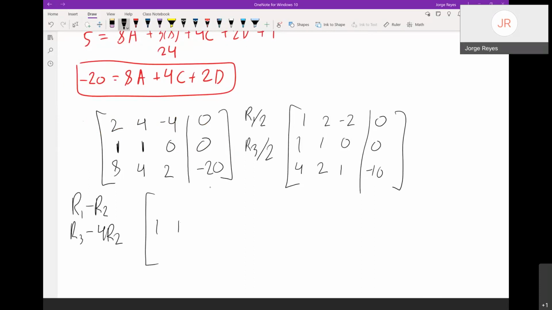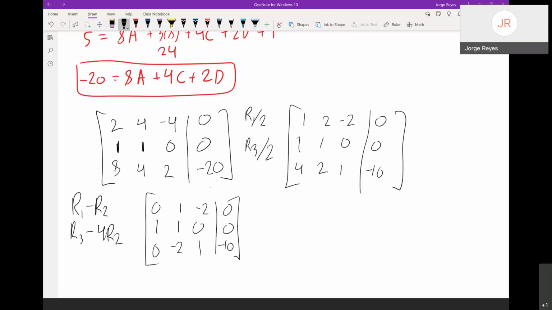So 1, 1, 0, 0. So I'm subtracting, so we get 0, 1, negative 2, 0, and then 0 because that's the point. But then I did a negative 4, so this is going to be negative 2. That's 1. And then this is negative 10. All right.